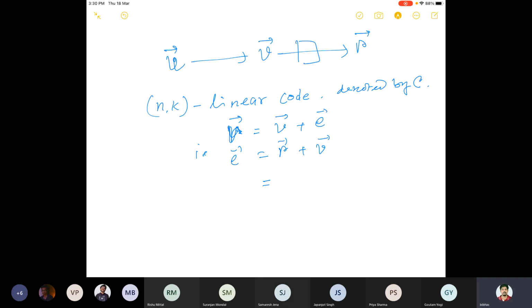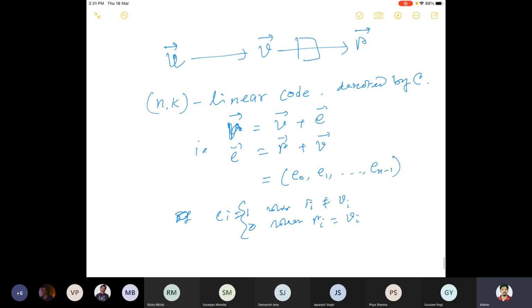So let me denote this error as e0, e1, up to e_(n-1). This is a string of bits of length n. So the thing is, e_i is equal to 1 when R_i is not equal to V_i, and otherwise e_i is equal to 0, when R_i is equal to V_i.